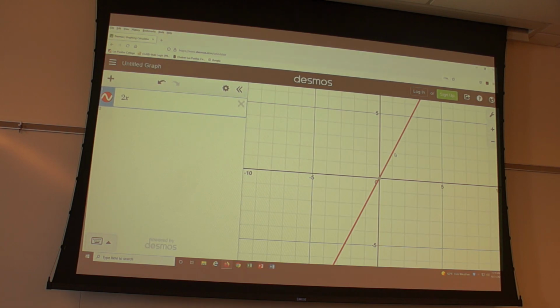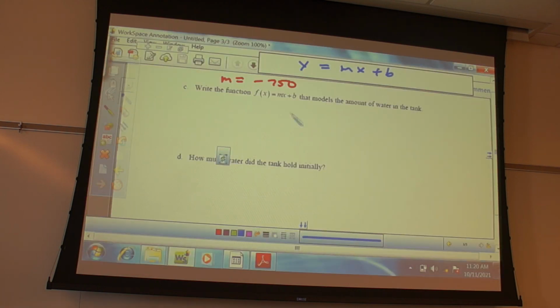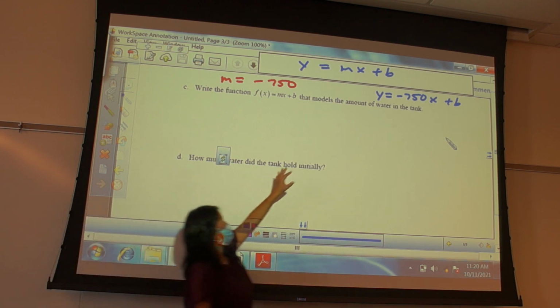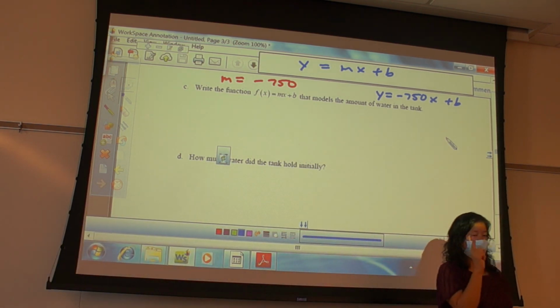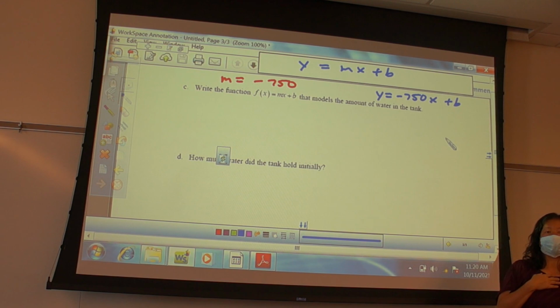So the beauty of this is that I can take any point I want, put it into this equation, y equals, I know my m, negative 750, x plus b, and this will be true. If I can substitute in and only have one variable, then I can find that one variable.